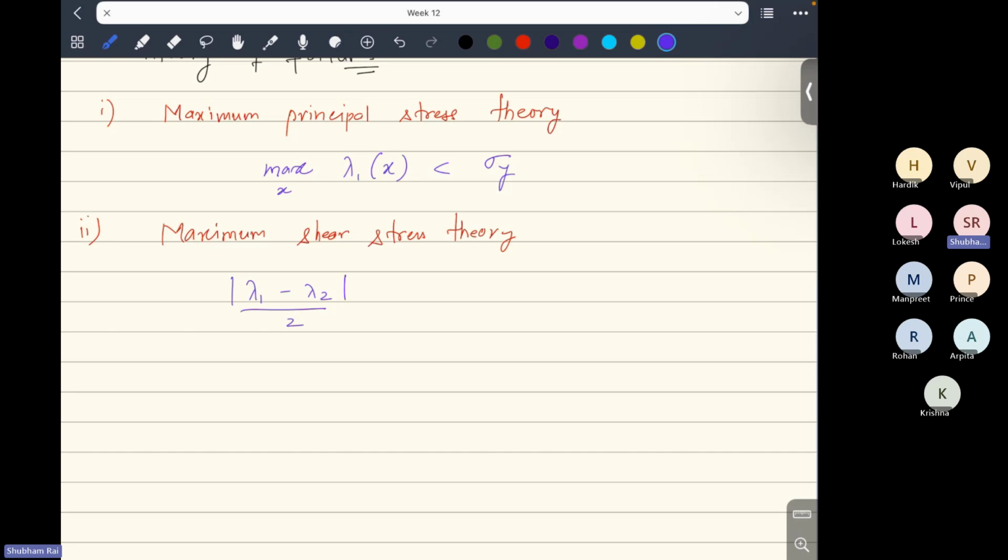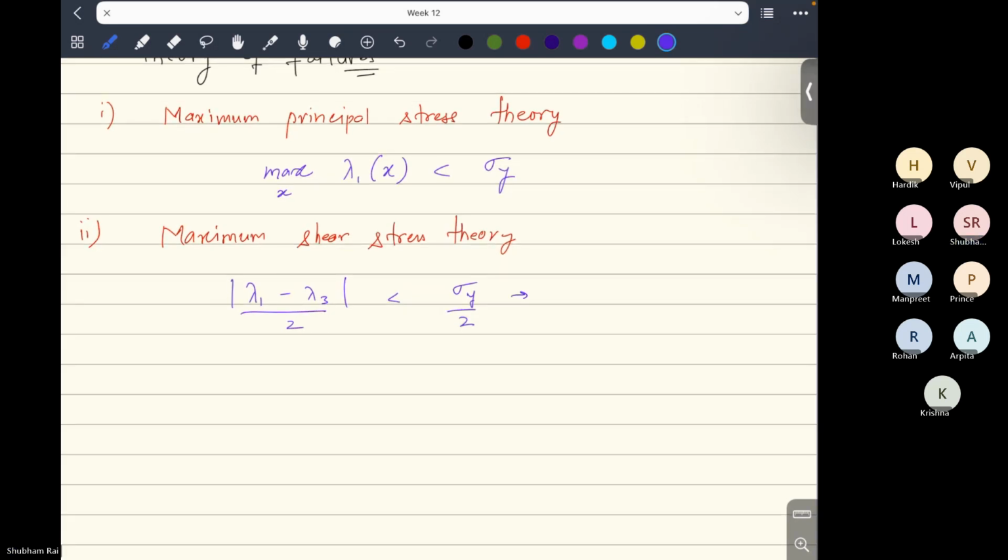And you'll have to find the maximum among these. So let's say you have three principal stresses, lambda 1, lambda 2, lambda 3, and we are assuming that lambda 1 minus lambda 3 is the maximum among lambda 1 minus lambda 2, lambda 2 minus lambda 3, and lambda 1 minus lambda 3. So this is your maximum shear stress, and that should be less than the maximum shear stress obtained from the uniaxial tensile test, which is sigma y by 2.